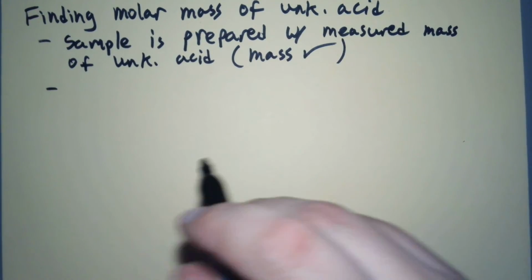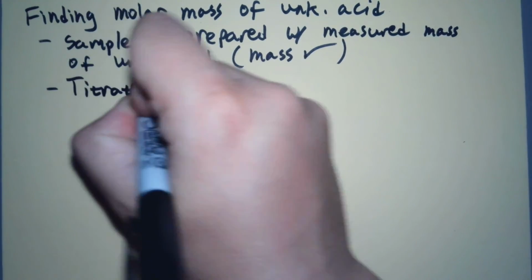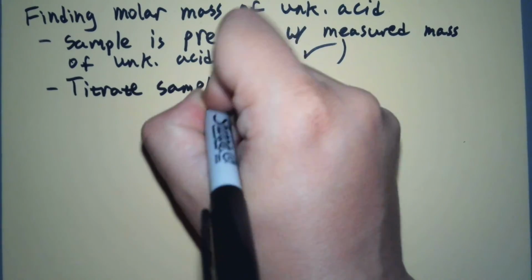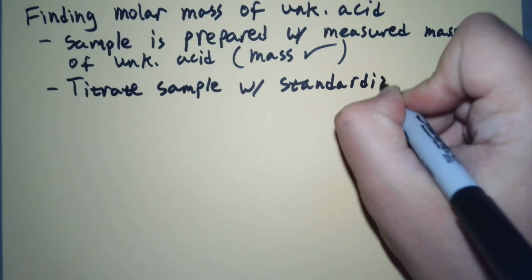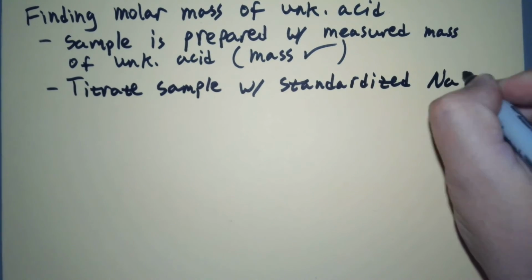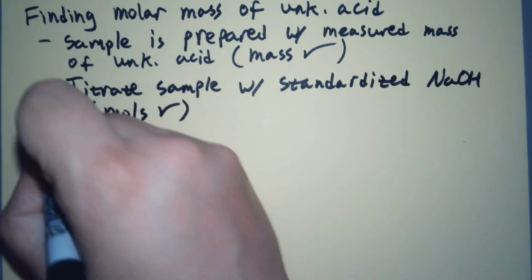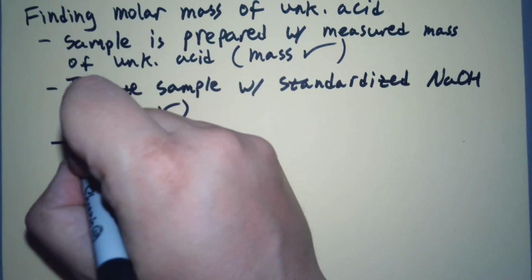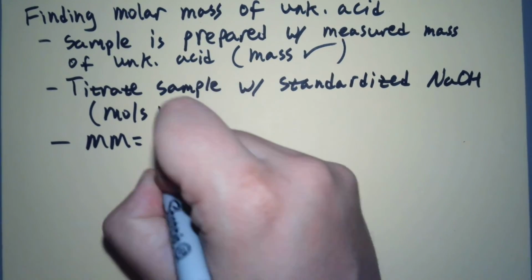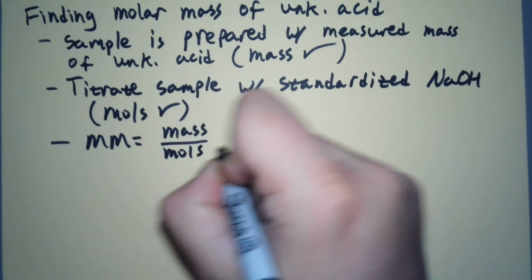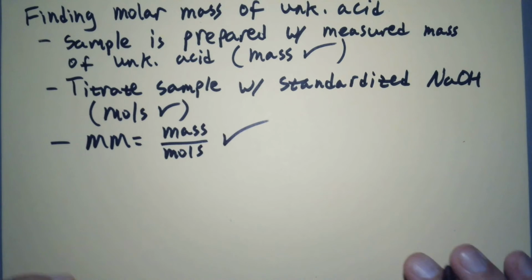And then what we do is titrate sample with standardized NaOH. That gets us moles. Boom. And then our molar mass is going to be mass over moles. Boom. We got a final answer. That's all there is to it. 3 easy steps, right? How hard could it be?